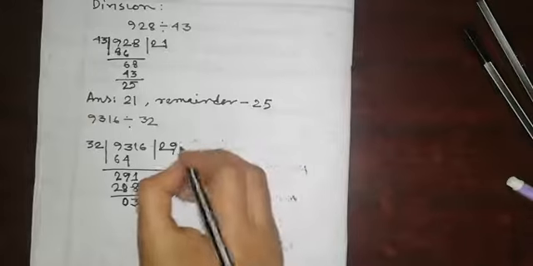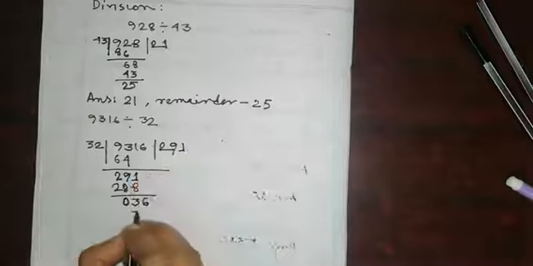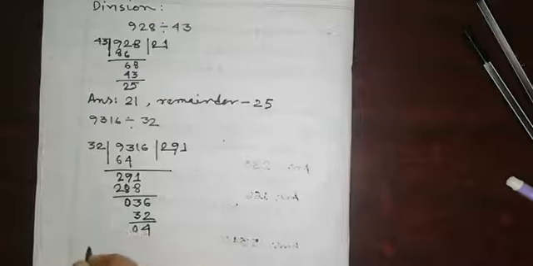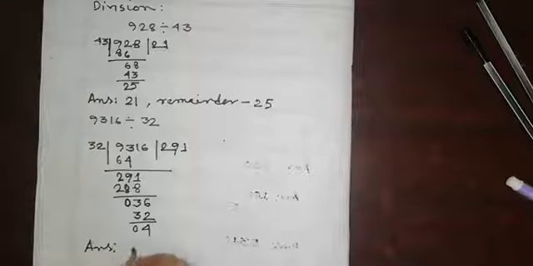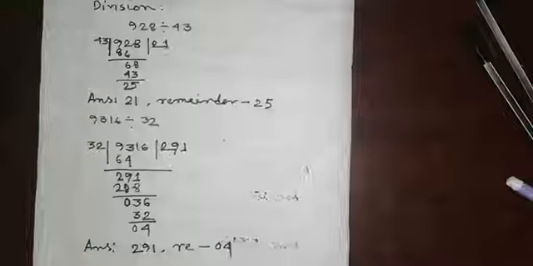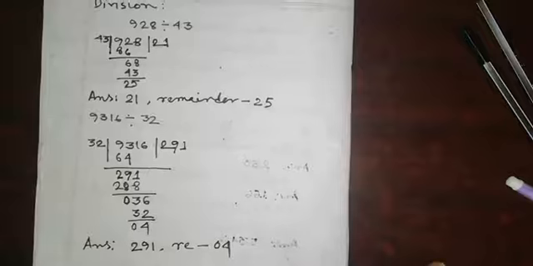So it will be 1, isn't it? So there will be 4 remainder. So our answer is the quotient, that means 291, and you can write down the remainder, that is 04. Okay.